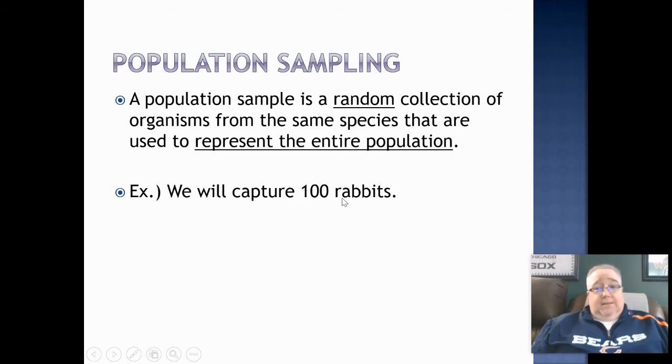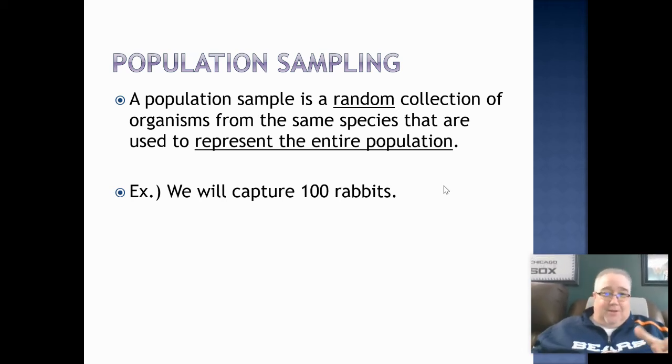So let's assume, just for this example today, that we go out into town over the weekend, and you guys capture 100 rabbits, and you bring them back, and we study them. You don't hurt them. We keep them in little cages, and we take care of them. We feed them, but we capture 100.